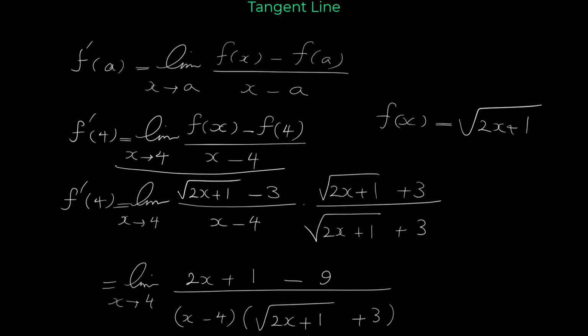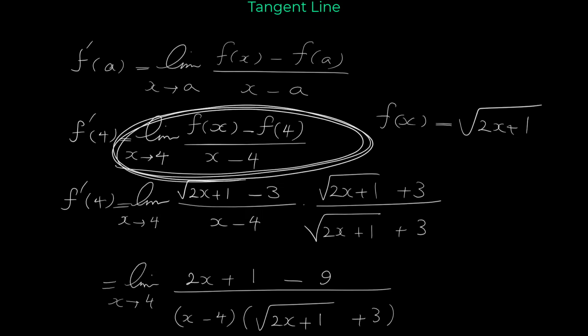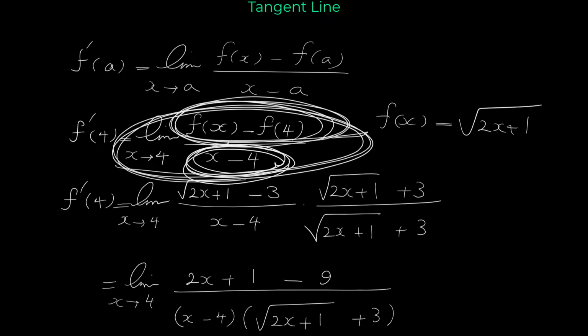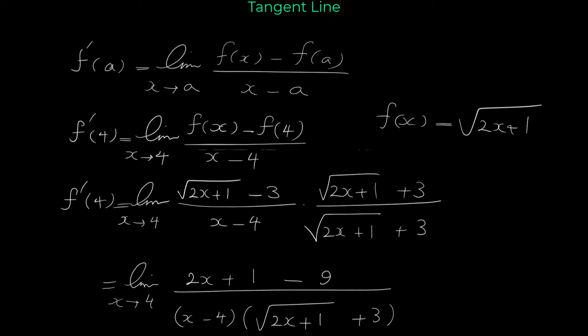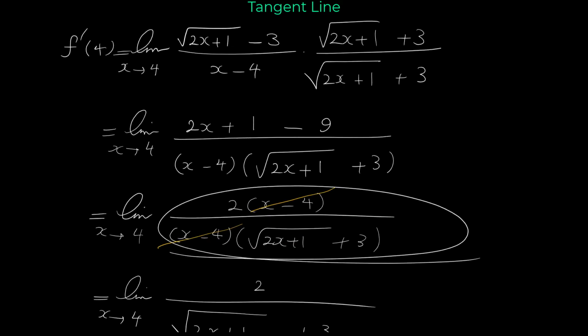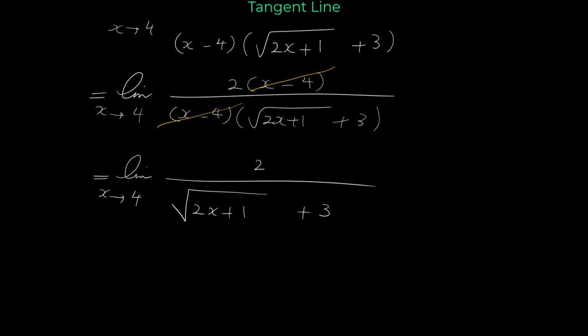While finding these limits, you simplify the numerator so that the expression in the denominator cancels with a similar term in the numerator. Then substitution works. So you have to try to cancel the denominator with the numerator. And as you can see, in this example, this happens. The x minus 4 with x minus 4 cancels.